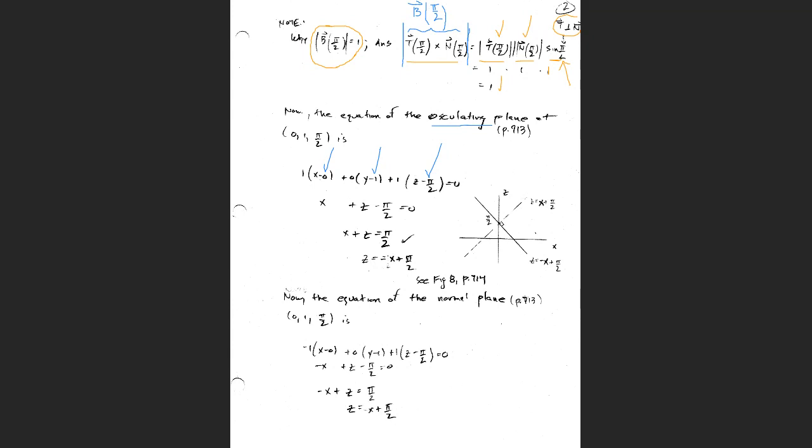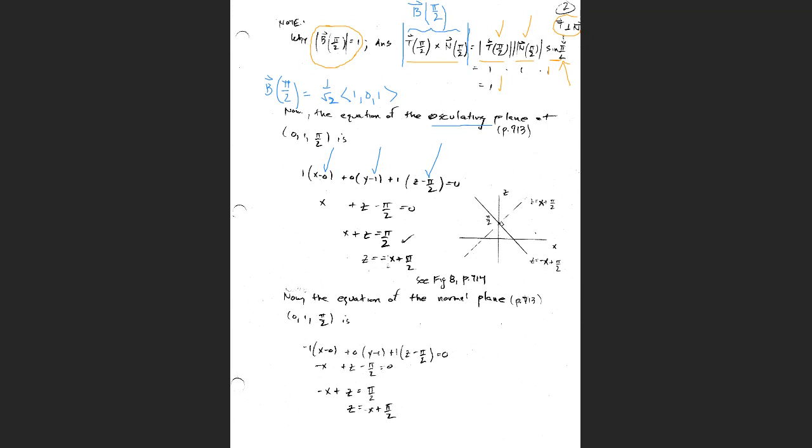Remember what the binormal vector was from the previous page. The binormal vector at pi over 2 was equal to 1 over root 2 times the vector 1, 0, 1. And that binormal vector is perpendicular to the osculating plane.